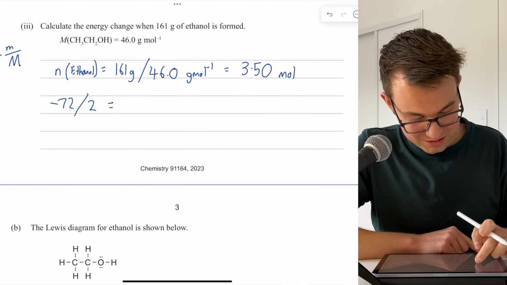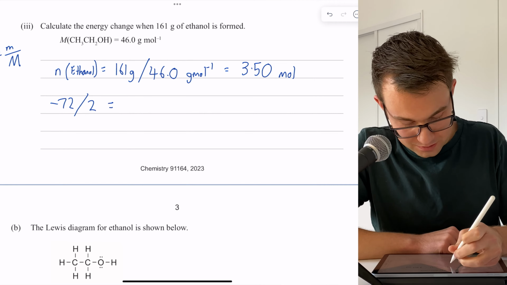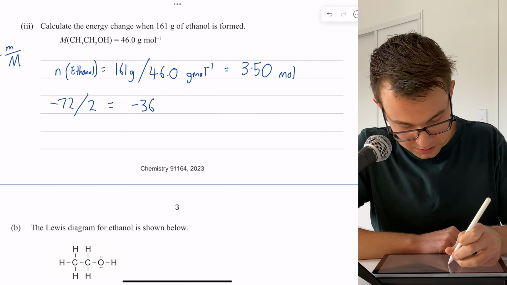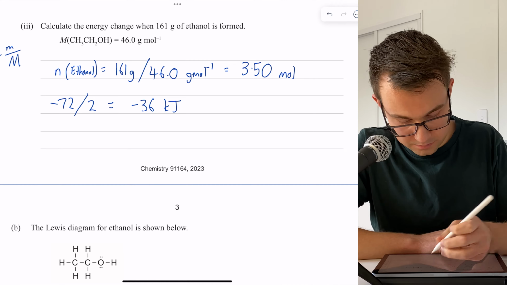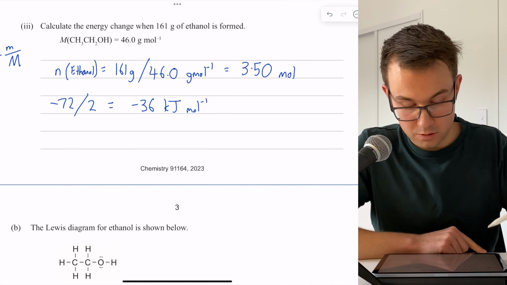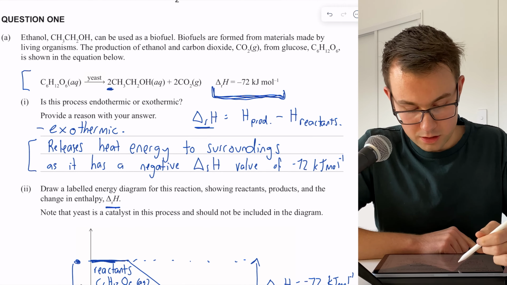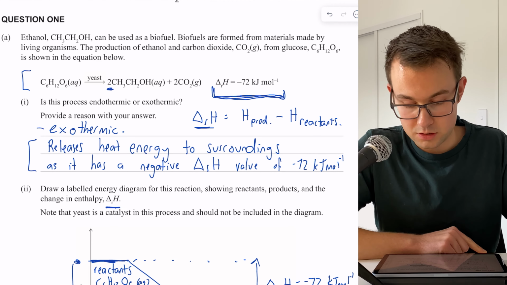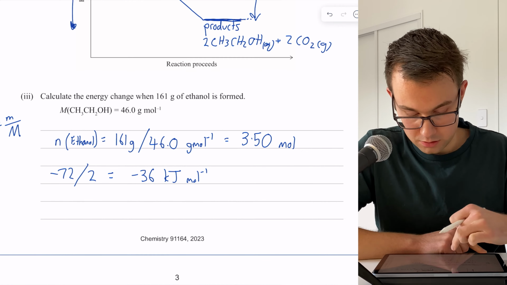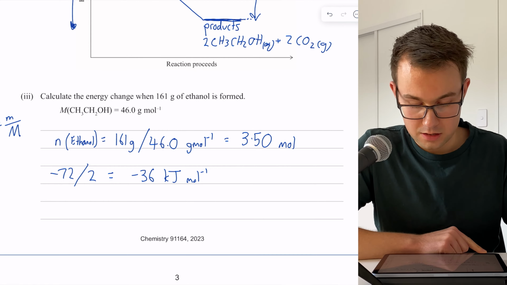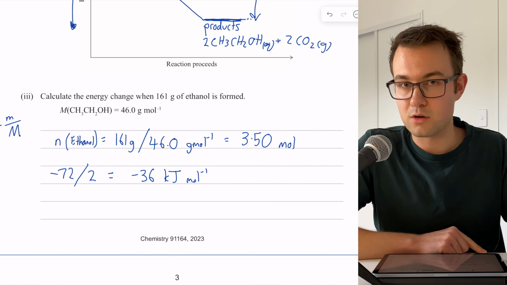Yes, 36. Okay, so negative 36 kilojoules per mole. Because we've divided by 2, so that's saying when 1 mole of ethanol is formed, it releases 36 kilojoules.